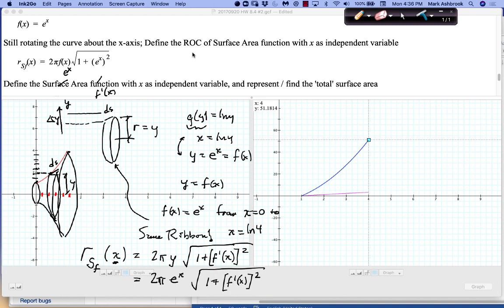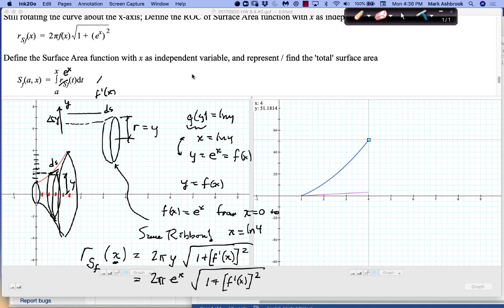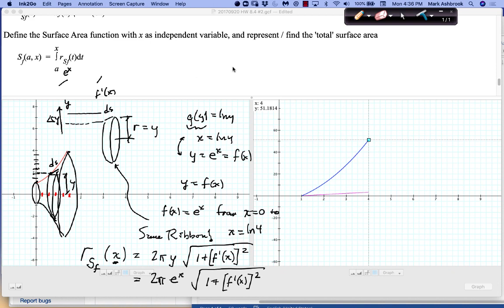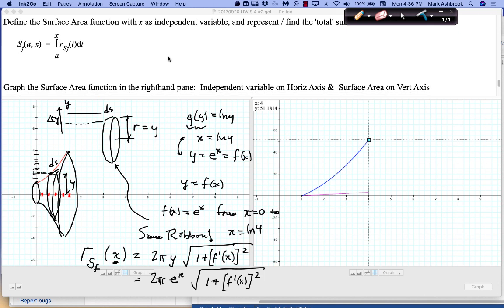Okay, surface area function, then we've got the rate of change, so we can write the surface area function. So there's that. And so now I want to graph the surface area function in the right-hand pane. So let's turn off, this was for the independent variable being y, let's turn off the arc length function.